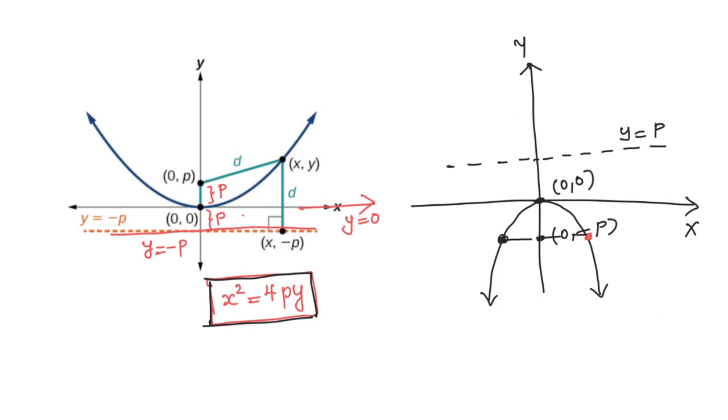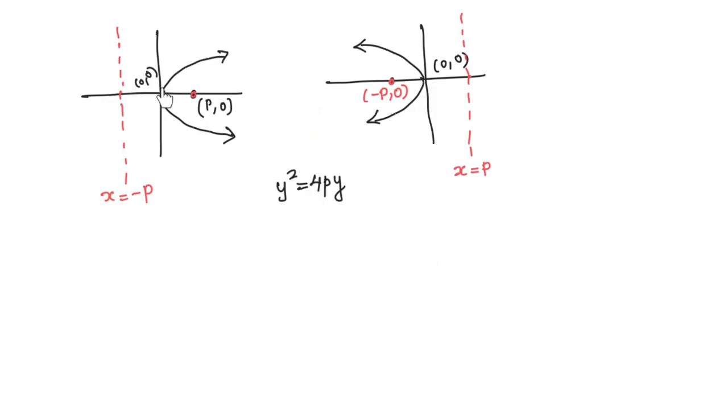They will be an equal distance from this point. The total length of the latus rectum is 4p, so it will be half of that distance: 2p on the left side, and this length also 2p. So the x-coordinate will be 2p, and the y-coordinate is the same, there won't be any change. Since this is on the left side of the y-axis, this will be negative, and this will be a positive number.